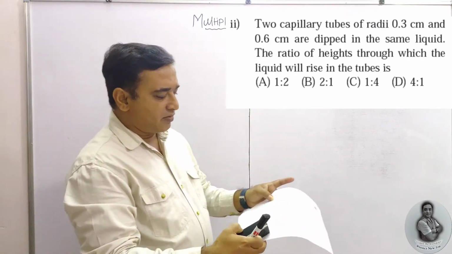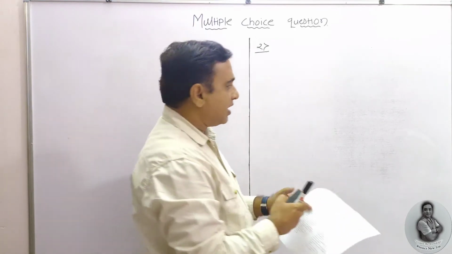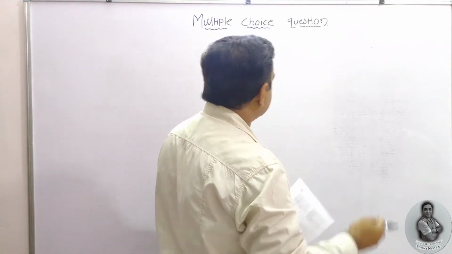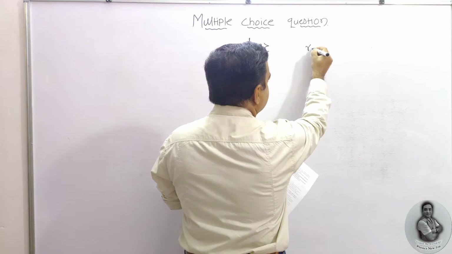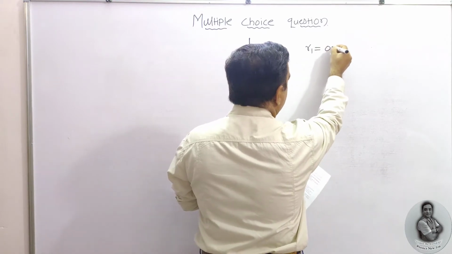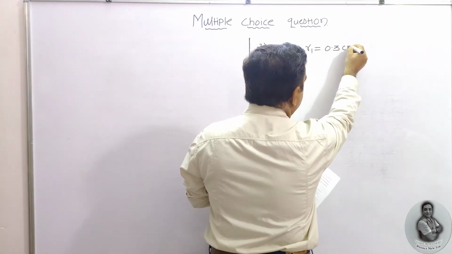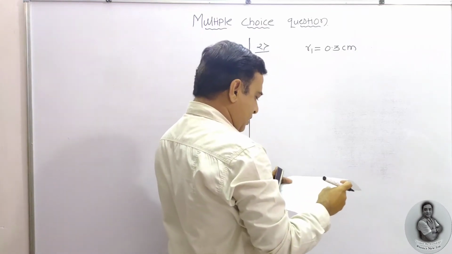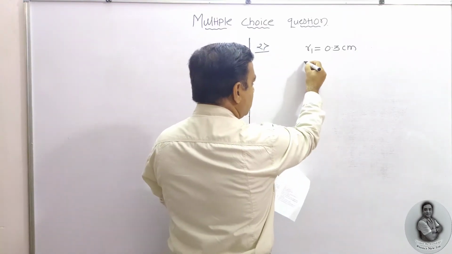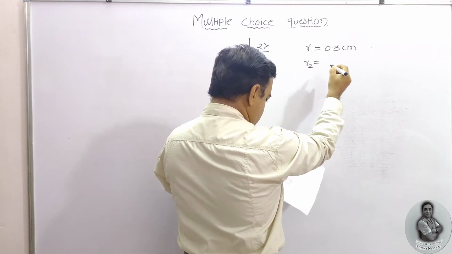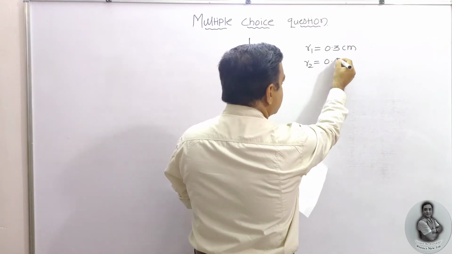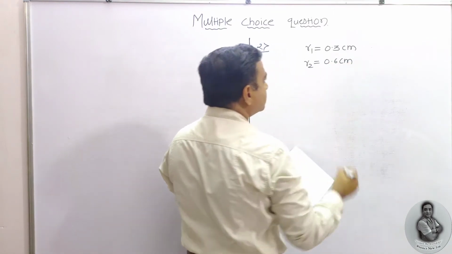What are the factors given here that we are going to write? The radius of the first is R1 equal to 0.3 centimeter, and R2 is equal to 0.6 centimeter.